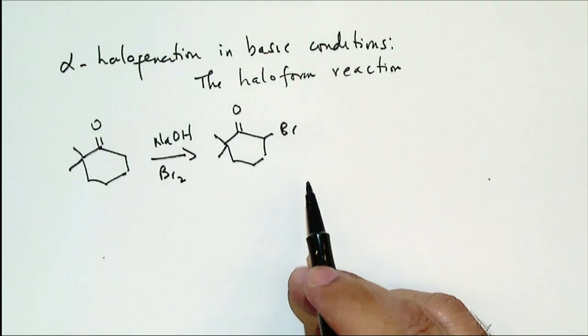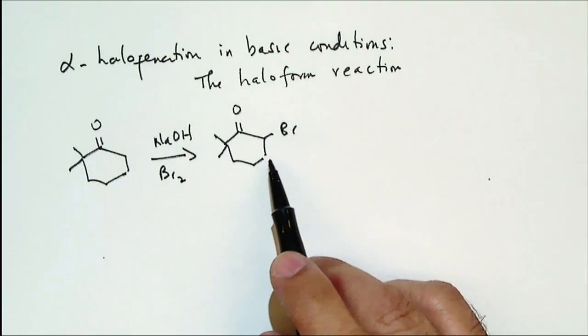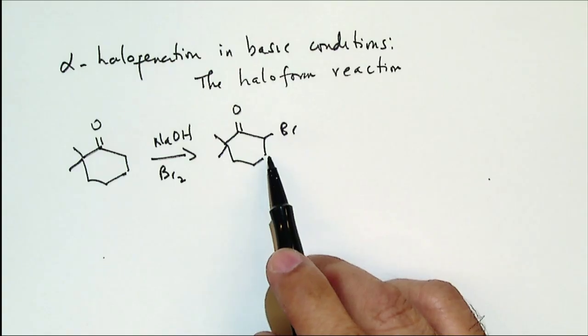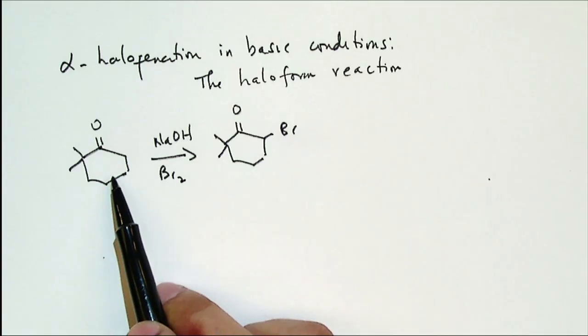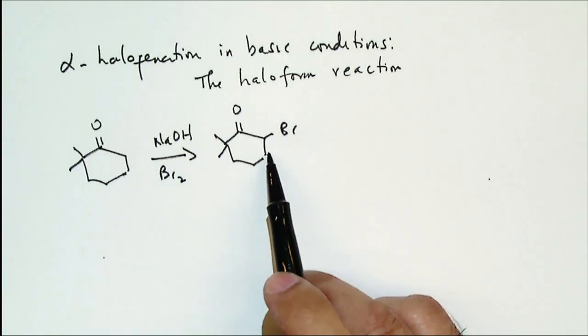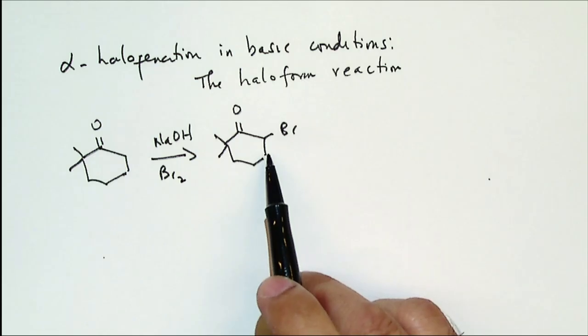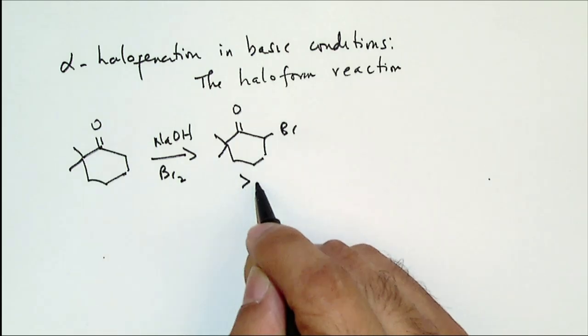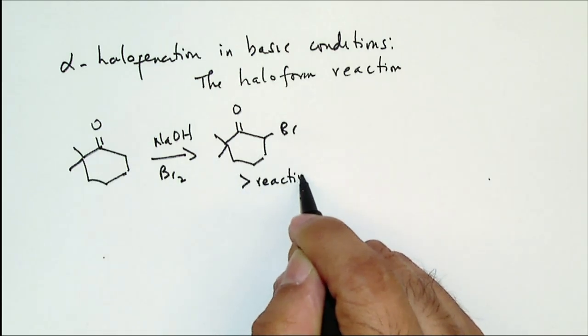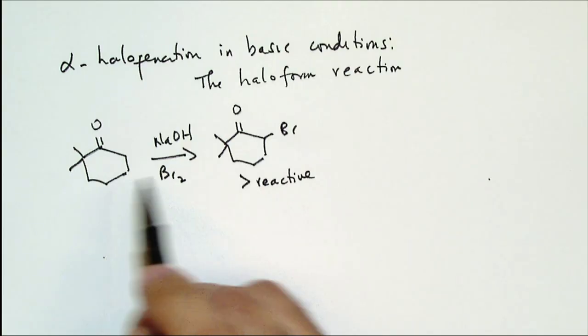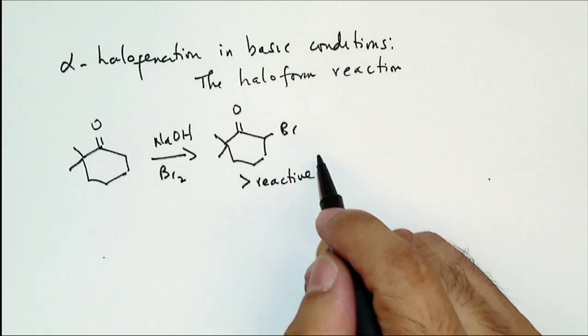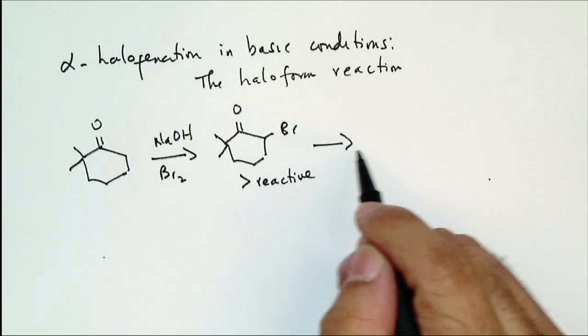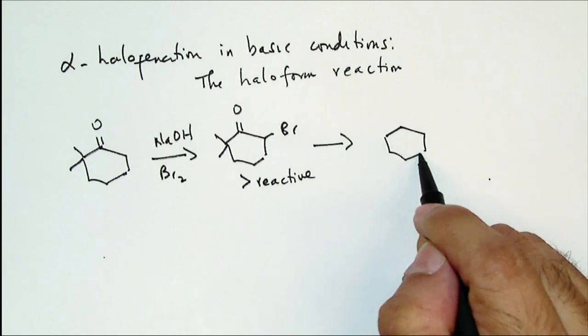Now, one of the things you will find very quickly is that this is actually more reactive than the original one, and so it generally undergoes a second bromination. So because this is more reactive, and by that we mean compared to the original one where you did the alpha halogenation, it means that you can get a second reaction occurring.